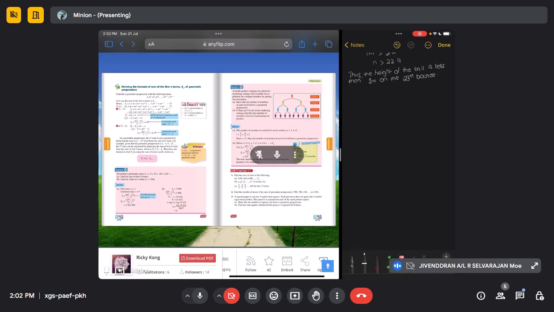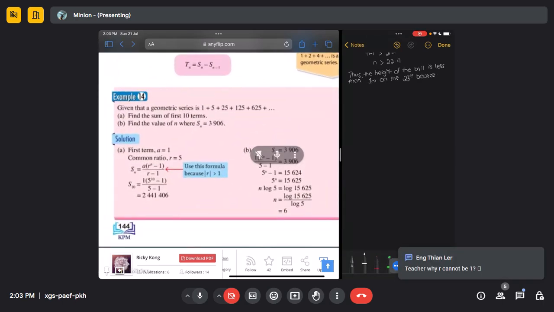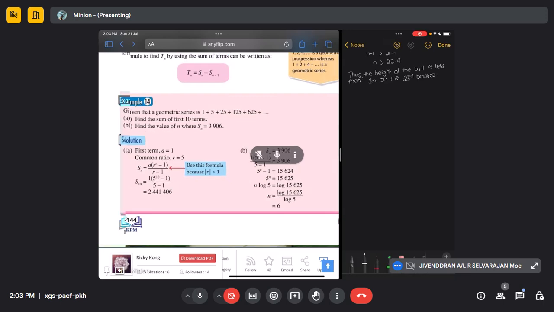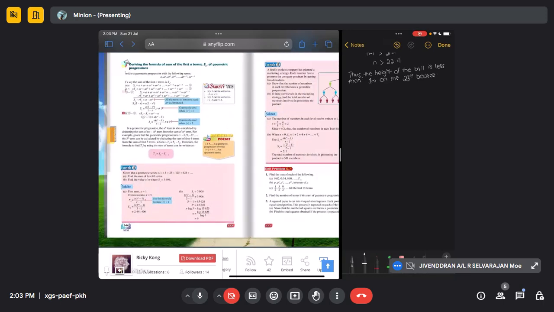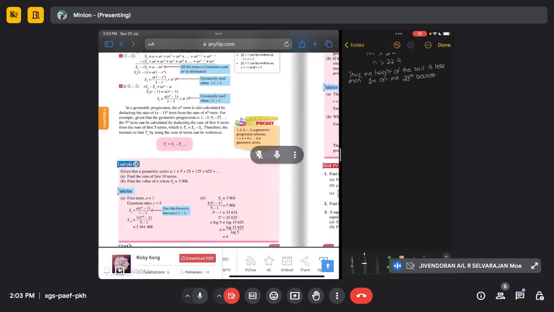Okay, so let's go to example 40. Can you zoom in a bit? Someone asks why r cannot be 1. Okay, can you show the formula? r cannot be 1 because if we sub r as 1 into the formula, it will be 1 minus 1, so it'll be over 0.